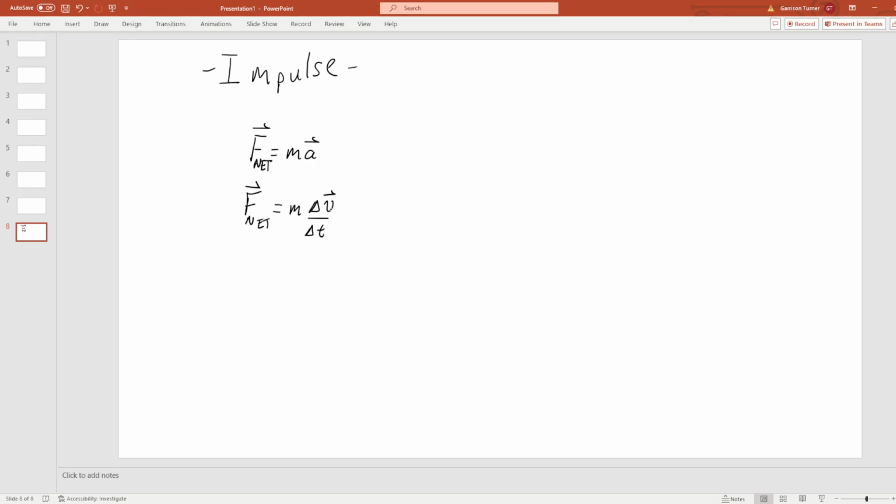So I can just replace a with delta v over delta t, right? However, the reason that this is not the most general way to write this is, what if the mass can change? What if by applying a force to an object the mass changes?